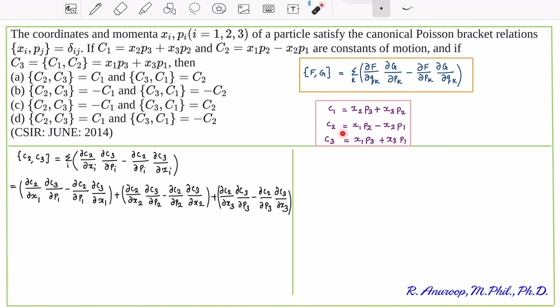We have c2 is equal to x1 p2 minus x2 p1, c3 is equal to x1 p3 plus x3 p1.